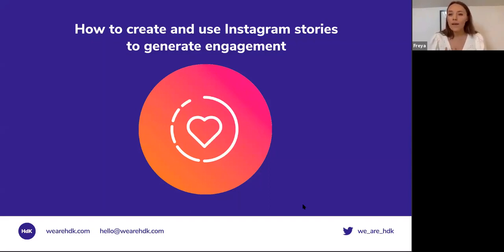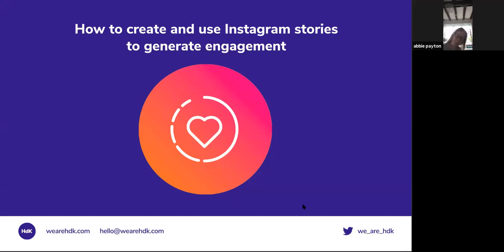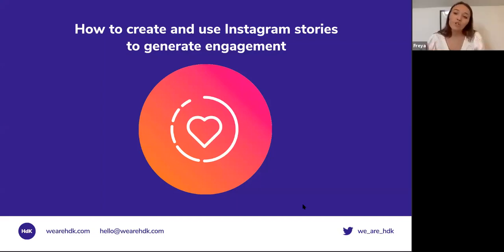So there are different ways that you can overcome this and work to beat the algorithm. One way is through Instagram stories. According to Sprout Social, there are 500 million daily users. They're a great way to quickly engage with your audiences, and they're pushed to the foreground of your social media accounts.